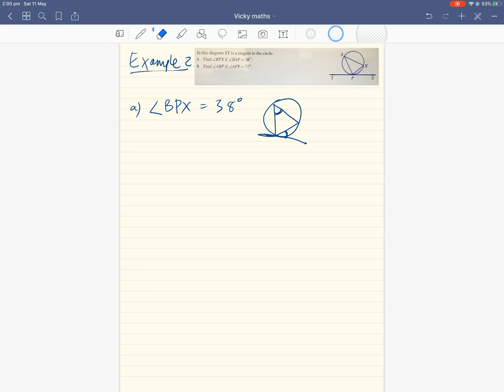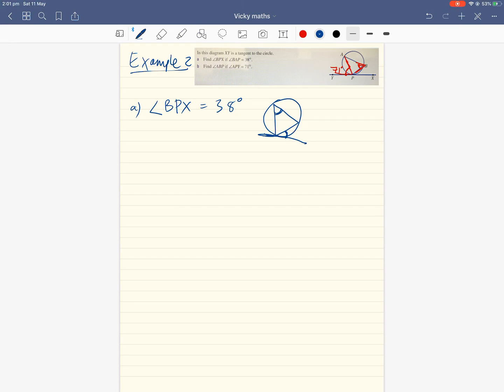And for part B, we're told that angle APY, this external angle, is 71 degrees. What is angle ABP, which is this interior alternate angle? It's just applying the same theorem again. So these two angles must be the same.